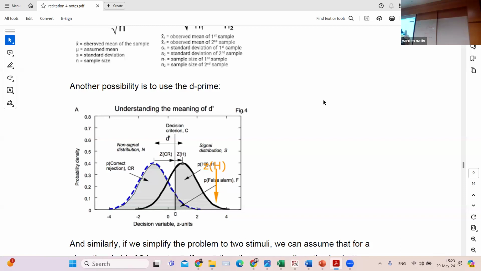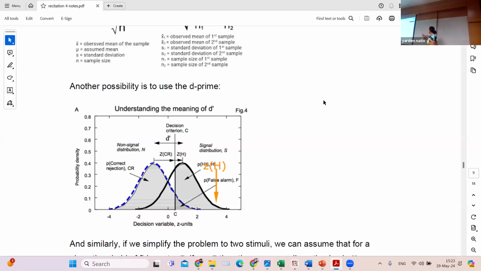But then you can say, okay, instead of looking at a specific Z, let's look at all possibles. The Z could be here, or here, and here, or here. And if the two distributions are fully independent, for example, if one distribution is here and another is here, then if I take the Z here, here, or here, it will be the same, right?